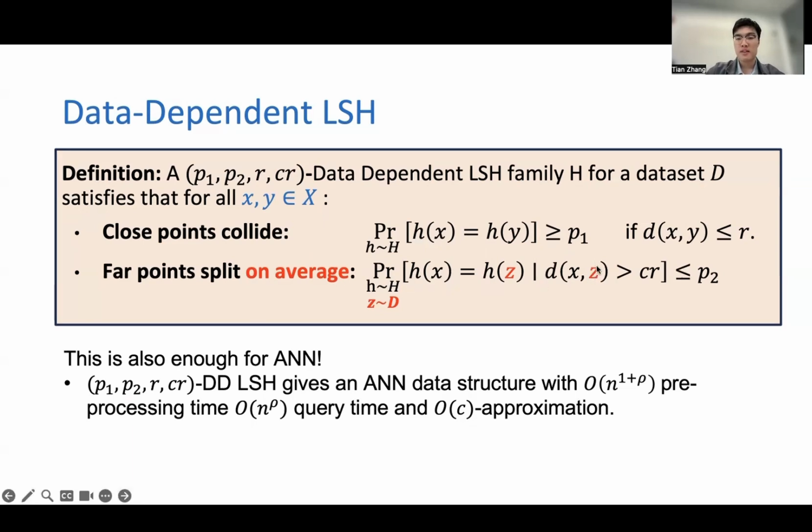Well, say if we have a far point Z from X from the data set, then the data-dependent locality-sensitive hashing is supposed to filter that out with probability at least 1 minus P2. So here, note that Z only comes from the data set. So this allows our algorithm to somehow look at the data set and decide what to do. So hopefully we can get more juice out of it.